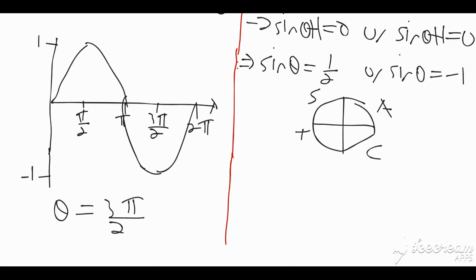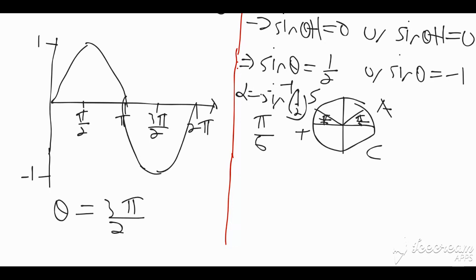Now, let me give this angle, the acute angle that we're going to get when sine theta is equal to a half, let us call it alpha. So alpha would be equal to sine inverse of a half. When I take sine inverse of a half, I'm going to get alpha to be pi over 6. Now, this is going to be in the first quadrant, it's pi over 6. It's also going to be in the sine quadrant as pi over 6.